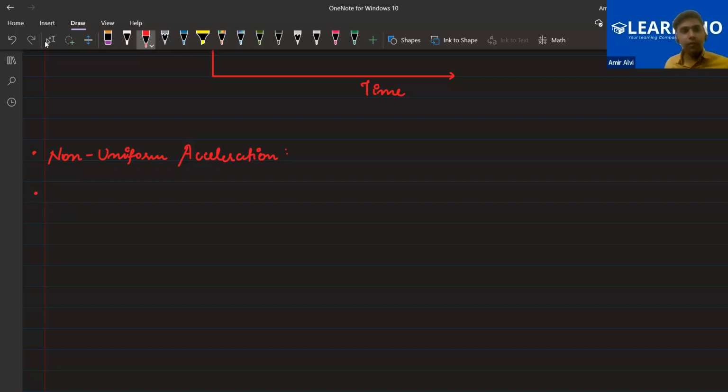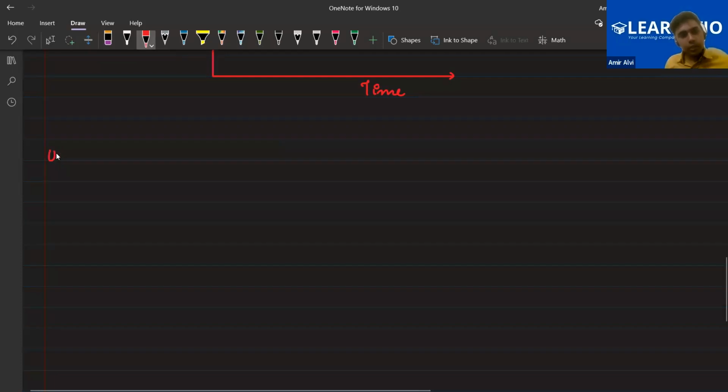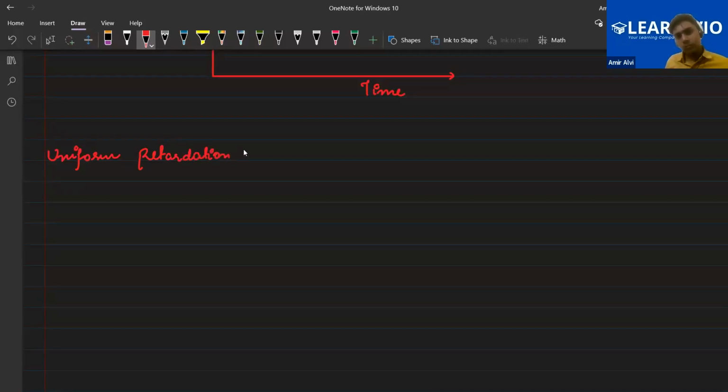Before that, I have to tell you one thing as well. I just forgot, it is uniform retardation. Uniform retardation means that your acceleration is negative.